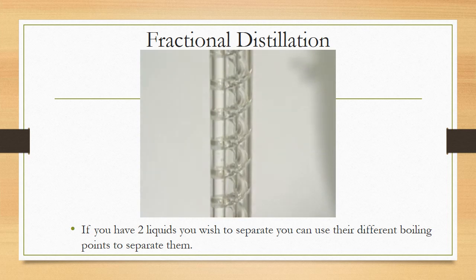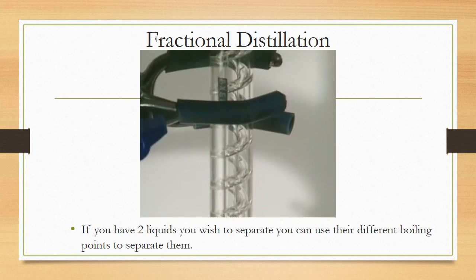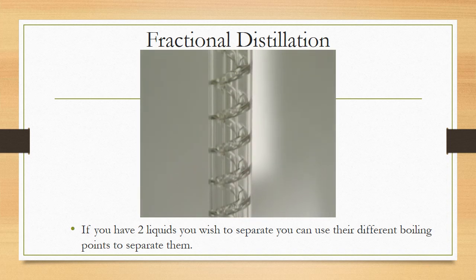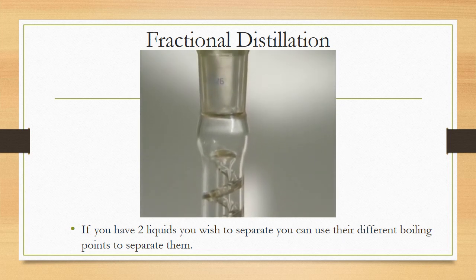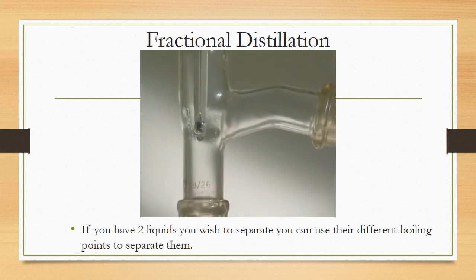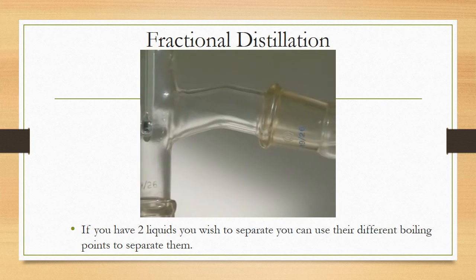It's a long way to go, and the further from the heat source, the cooler it gets. Most of the vapour condenses on the glass spiral inside the column and drips back into the mixture. Only the hydrocarbons which are still vapours at the very top of the column enter the sidearm and condense to liquid.